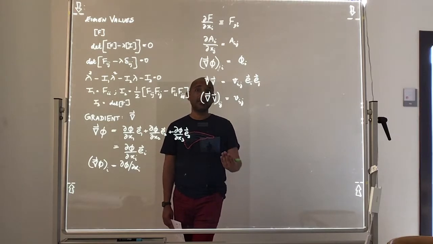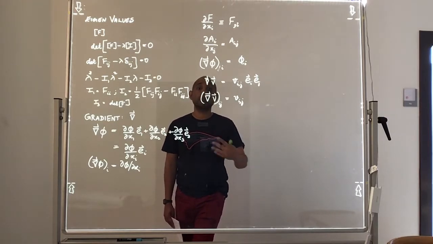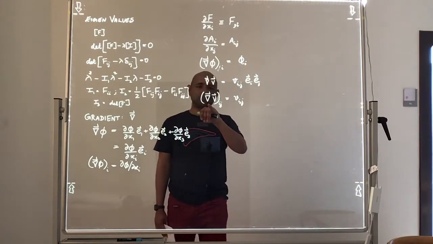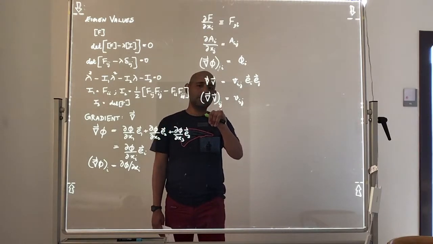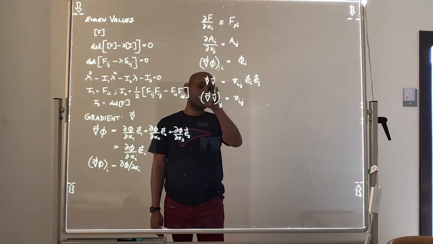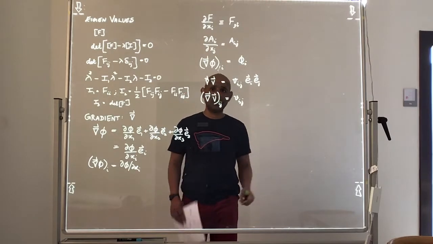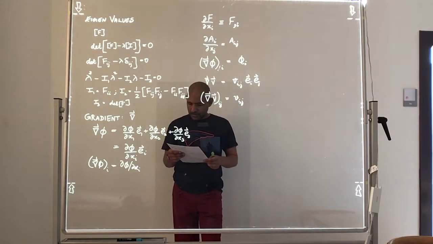You should also give me one more piece of information, which is at what time you want me to calculate it. Which is roughly how this comes about. You have to tell me in which directions I have to take the derivatives, and for which component of v. Okay?